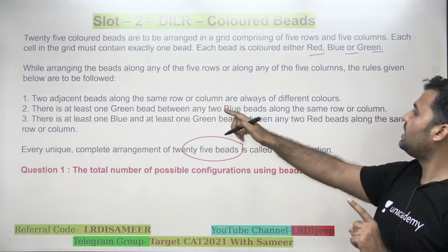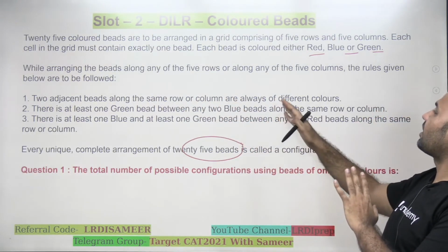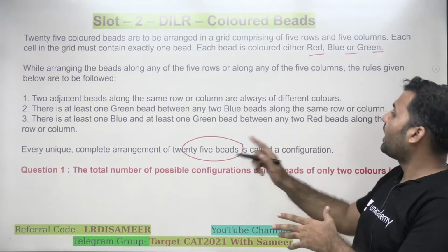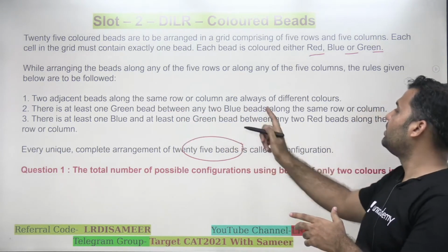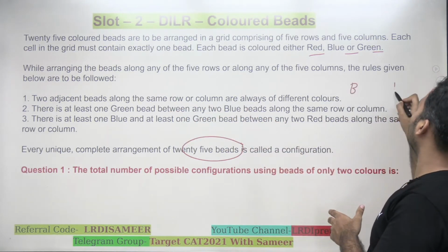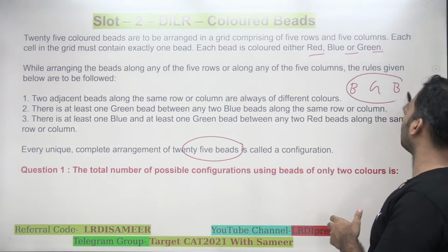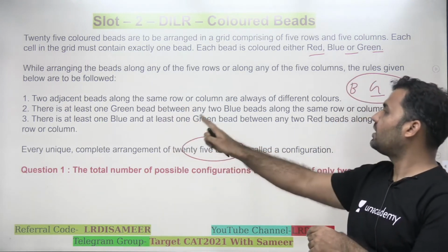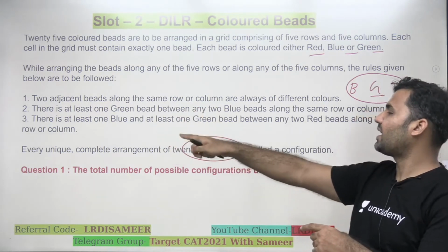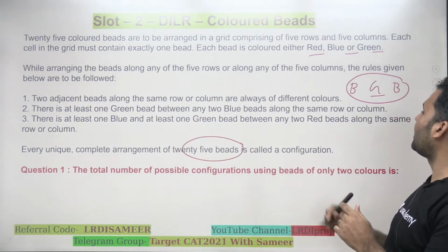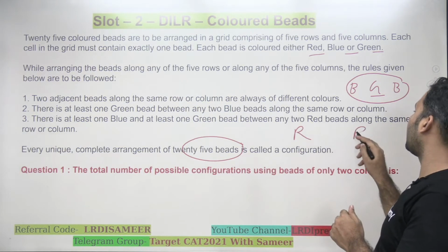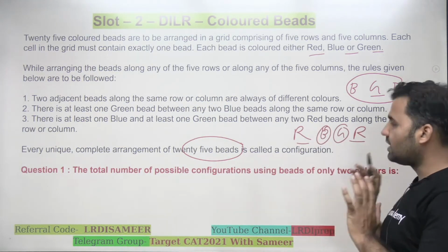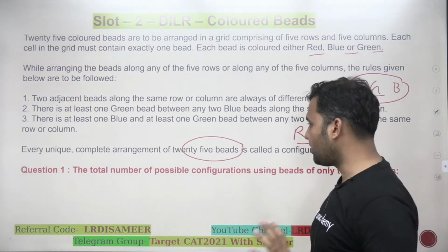That 2 adjacent beads along the same row or column are always of different colors, so 2 of the same color cannot be adjacent. At least 1 green between any 2 blue beads. And the third condition: at least 1 blue and at least 1 green between any 2 red beads. So between any 2 red, I need at least 1 blue and at least 1 green. These are the 3 conditions you are supposed to keep in mind.